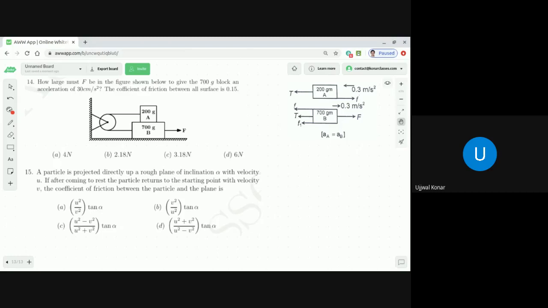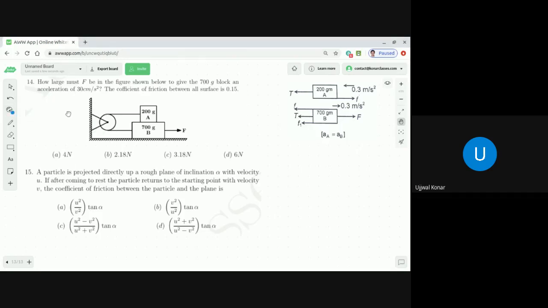Now the frictional force between the blocks A and B, I repeat, the frictional force between the blocks A and B is equal to F is equal to mu into MA into G.